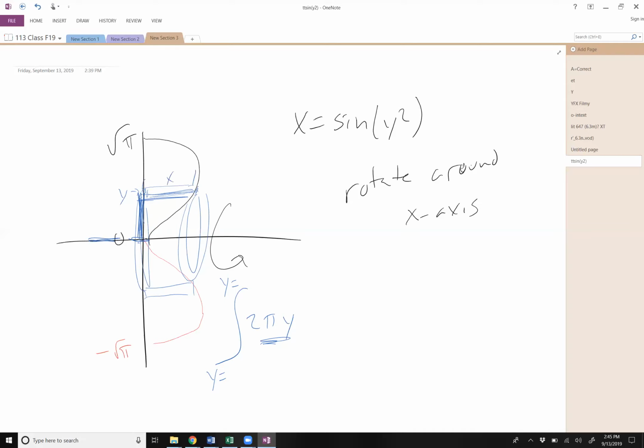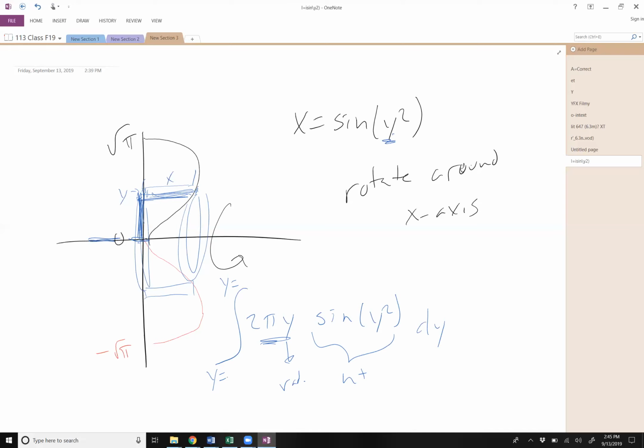I take whatever y coordinate I'm at, I plug it in, I square it, and then evaluate it with the sine, and it'll tell me that distance. So my height will be sine of y squared. That's the height, that's the radius, and my thickness is dy.